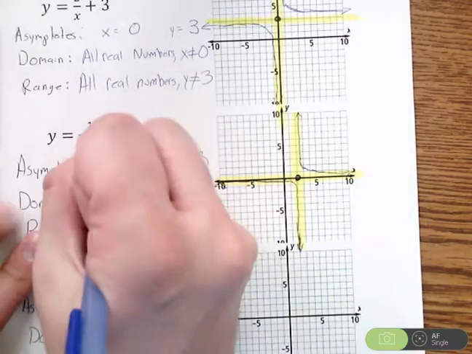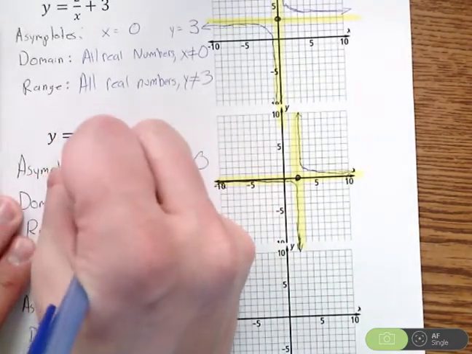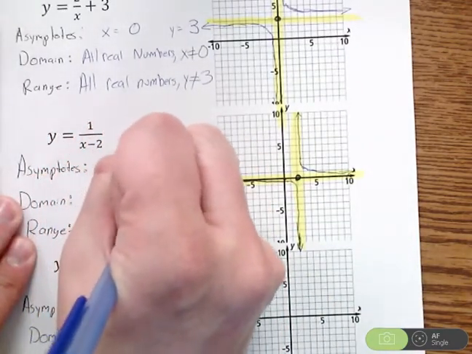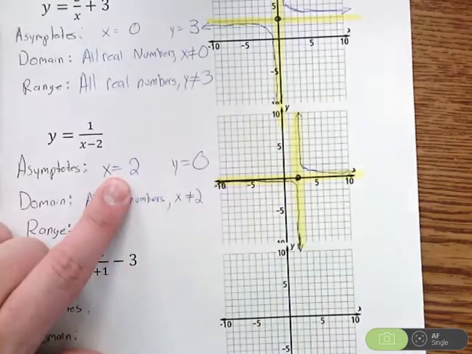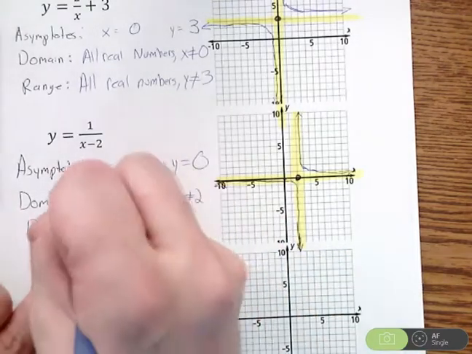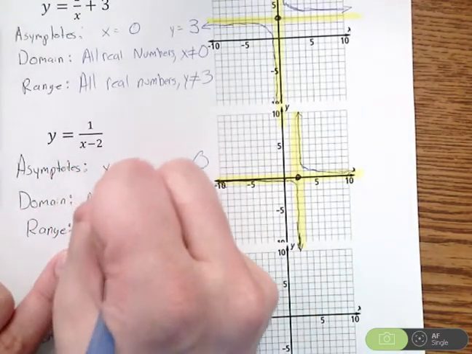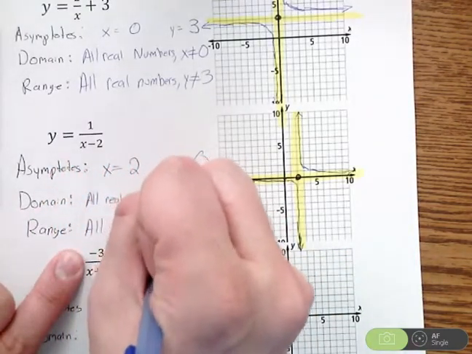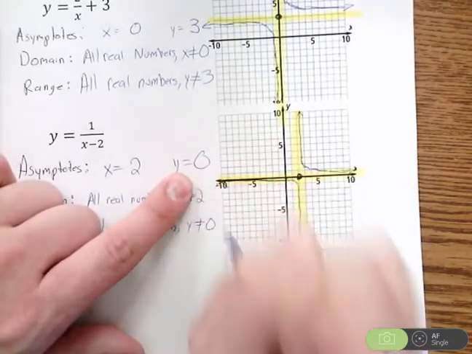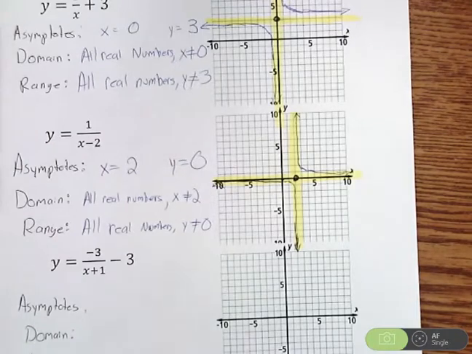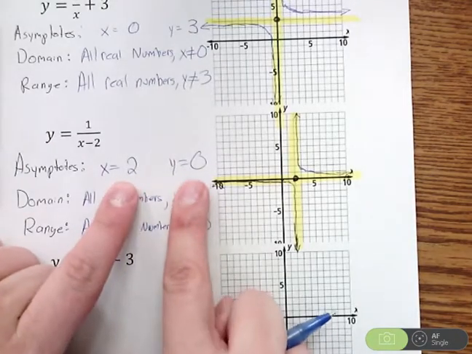So when I go and do my domain, it's going to be all real numbers except x cannot be 2. For my range, we're going to have all real numbers except y cannot be 0. So notice how domain and range kind of follow your x and y there.